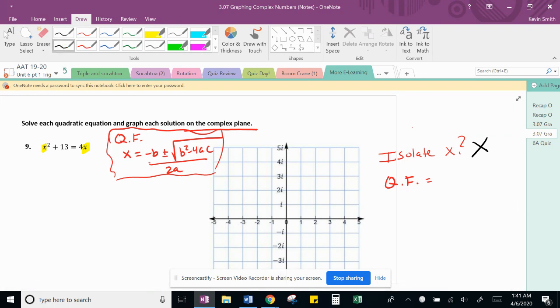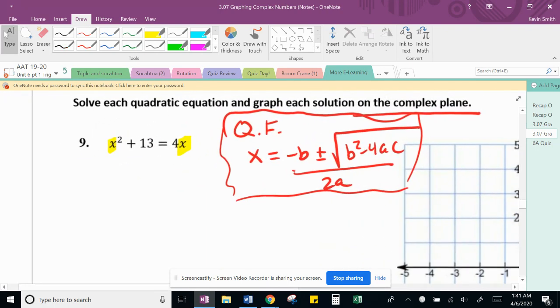So before we do that, we have to set this thing equal to 0. So we're going to subtract 4x, we get x squared minus 4x plus 13 equals 0.